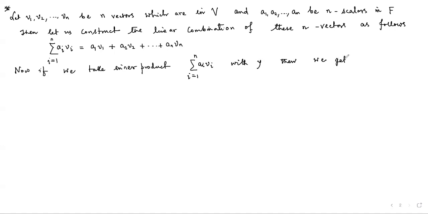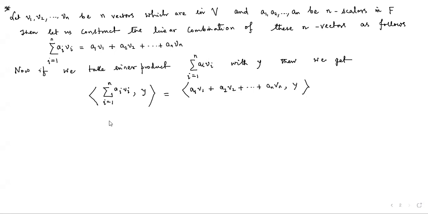We get the inner product of summation i goes from 1 to n ai vi comma y, which is the inner product of a1 v1 + a2 v2 + ... + an vn comma y.